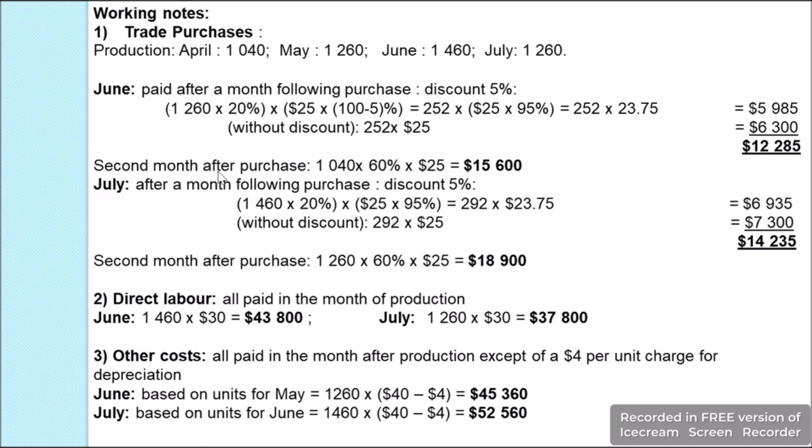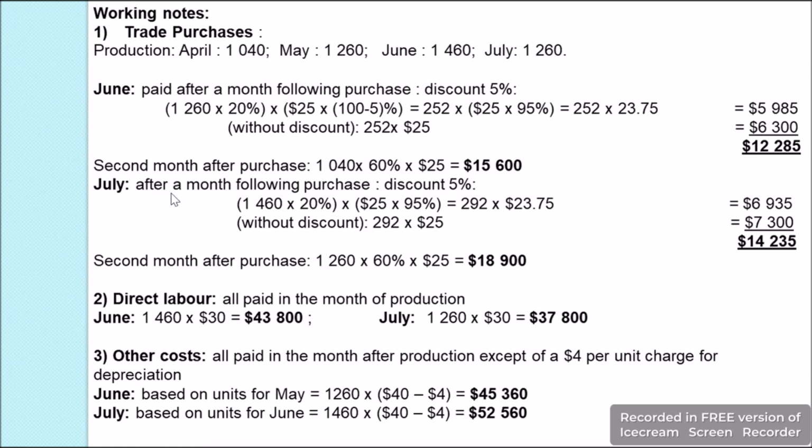So the second month after the purchase means for the month of April, whatever is the 60% which is pending will be paid in the month of June. So it is 1040 times 60% times $25, which is $15,600. So these will be the trade payables in the month of June.